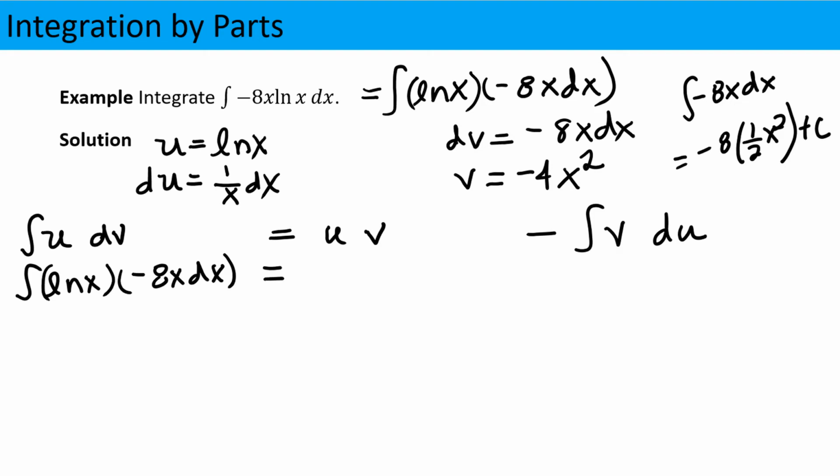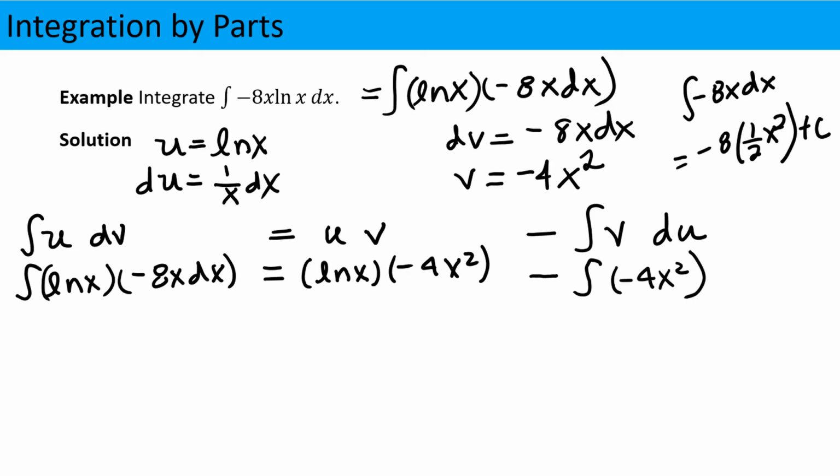And that's equal to the product of u, which we identified as the ln of x, times v, which we solved to get minus 4x squared. Then we'll have minus the integral of v, which is negative 4x squared, and du, which we got as 1 over x dx.